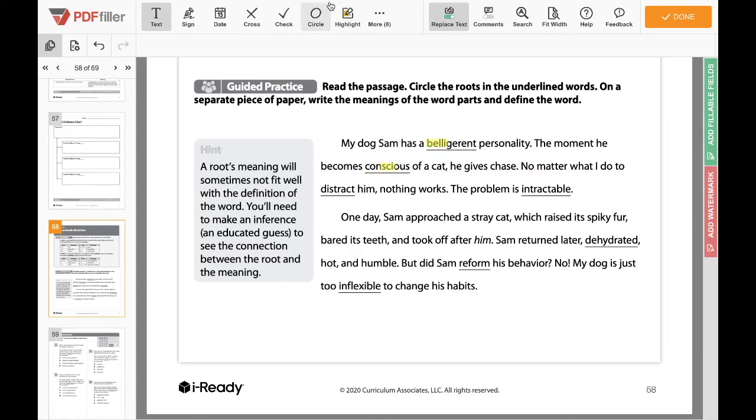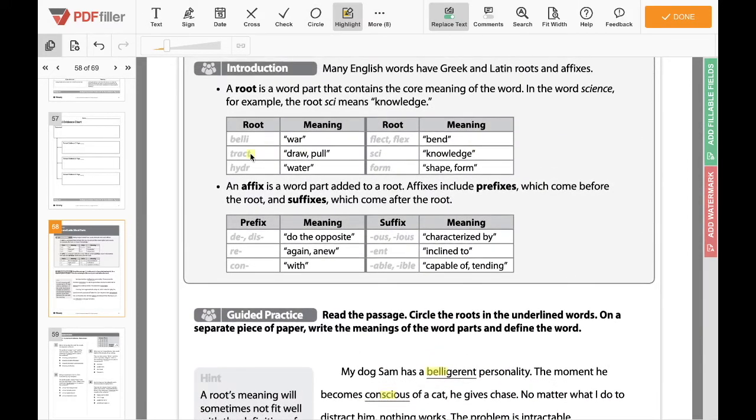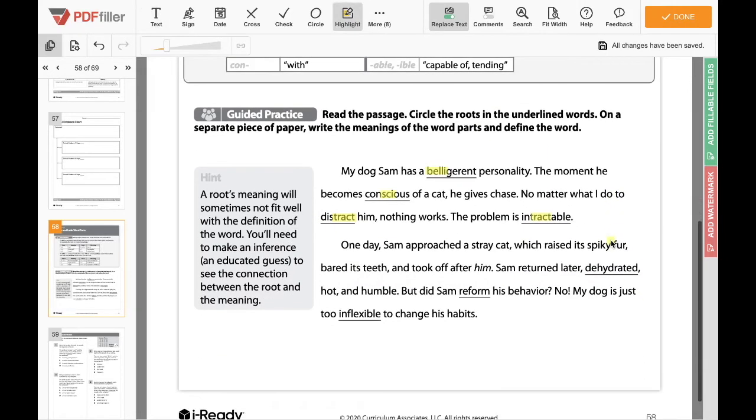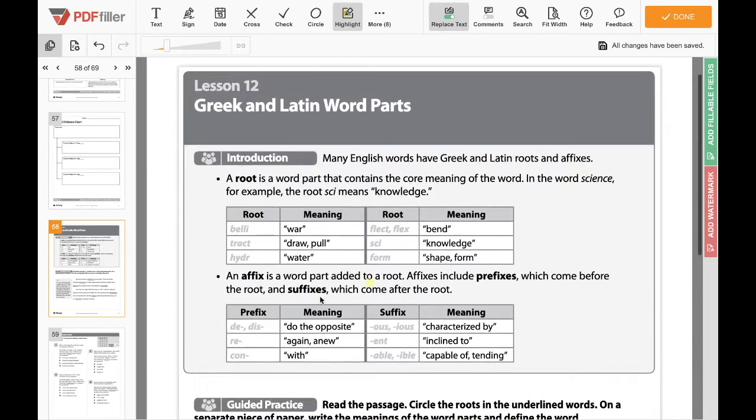No matter what I do to distract him, nothing works. Distract, let's go up here. We see that tract in that word. I think we can jump to the next one. Intractable, we see that tract word again, so we can just go ahead and highlight that. We already did it on the last one. We see dehydrated. Well, we used that one in an example.